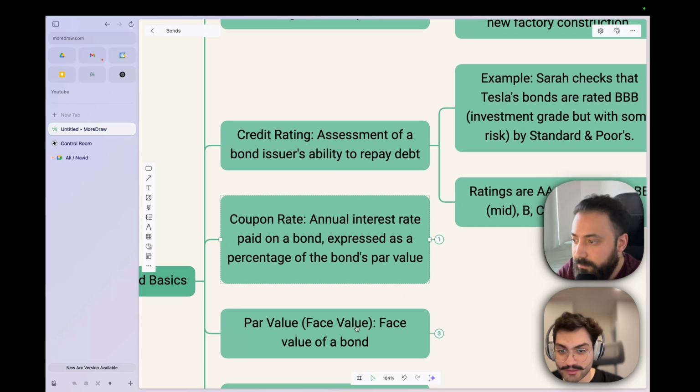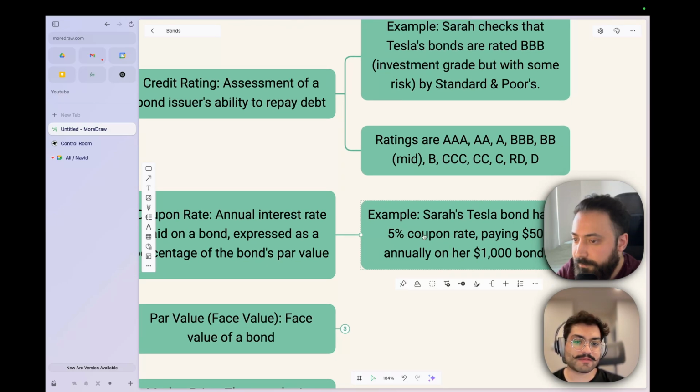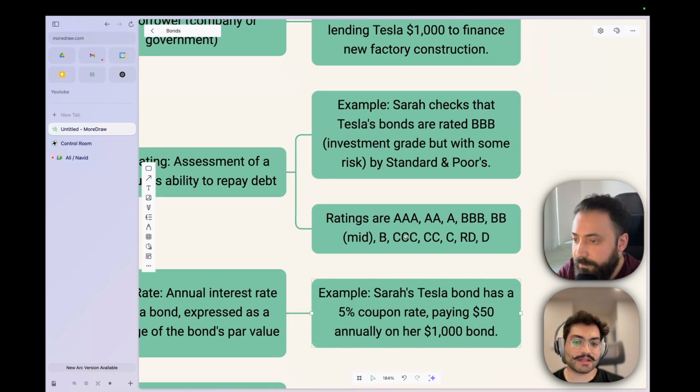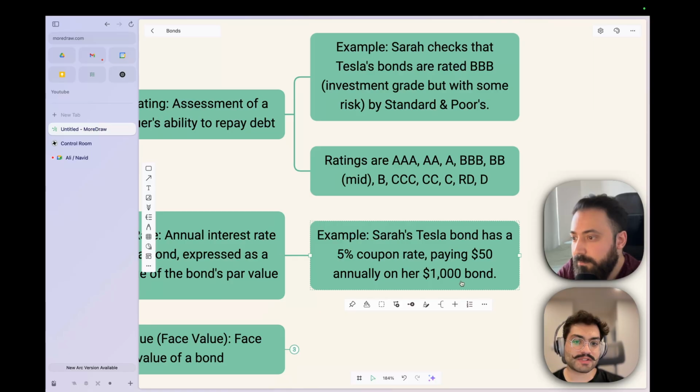We'll get to par value quickly, but for now, assume it's the amount of money you're essentially lending. In the example we had, Sarah's Tesla bond has a 5% coupon rate. She had a $1,000 Tesla bond, so it's going to be $50 per year for that $1,000 bond.